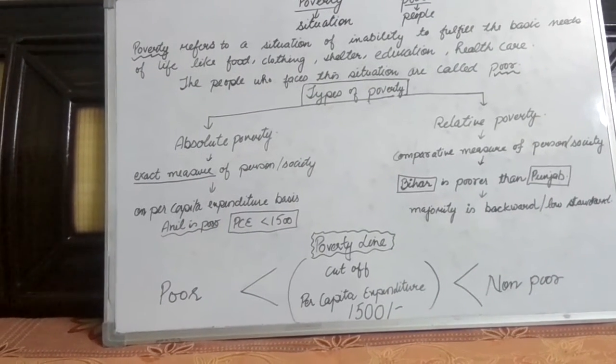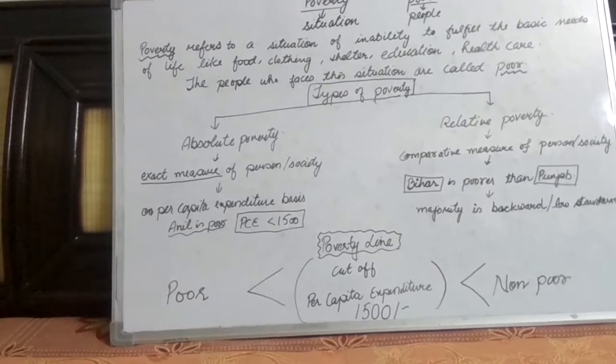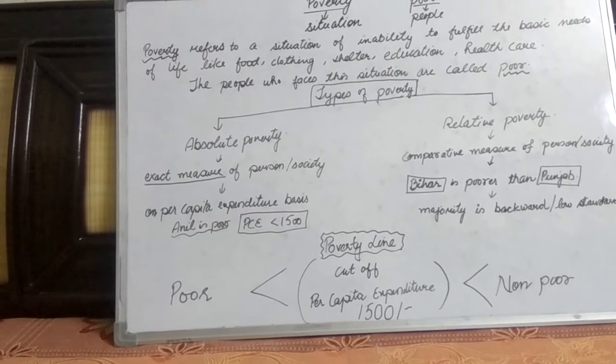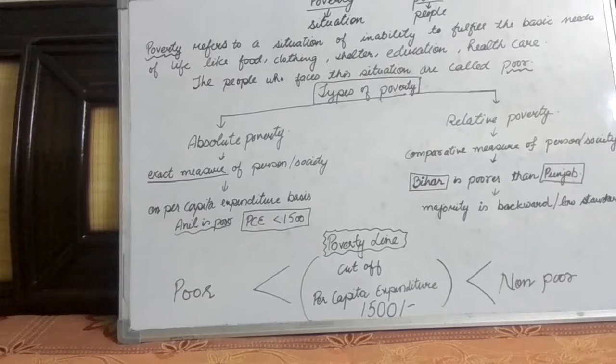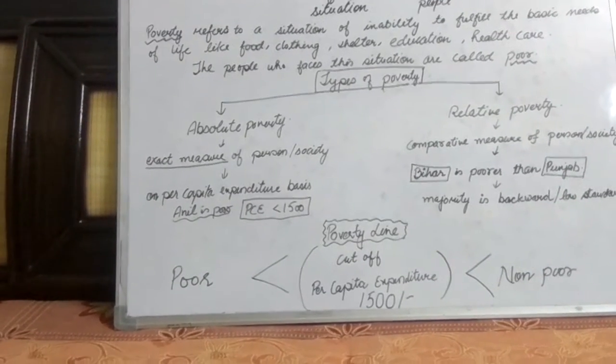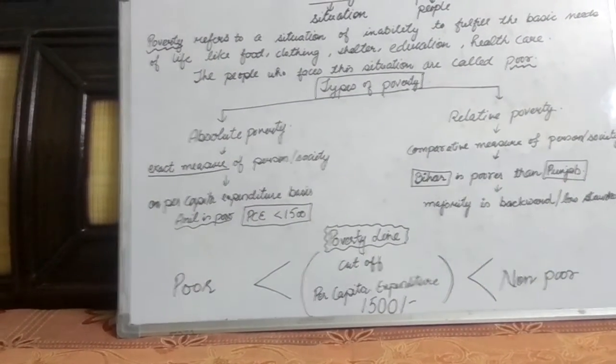As an example, on a per capita expenditure basis, we can say that Anil is a poor person because his per capita expenditure is less than 1500 rupees, and this is the absolute measurement of the poverty situation of that particular person.